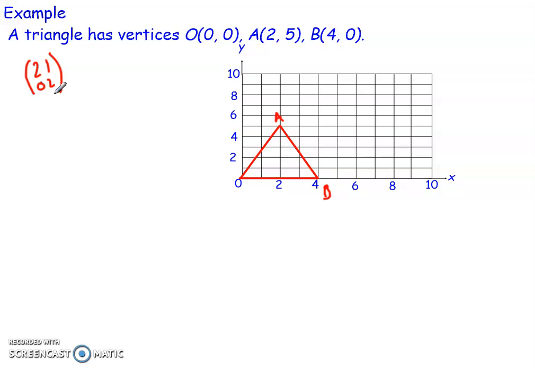I want to know what the image under the transformation associated with this matrix is. So I'm going to set up a matrix which represents all of my coordinates: my first point O, my second point A, which is (2, 5), and my third point B, which is (4, 0).